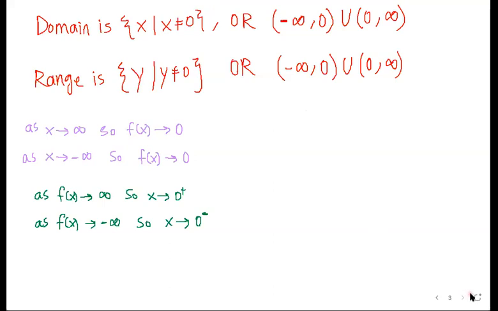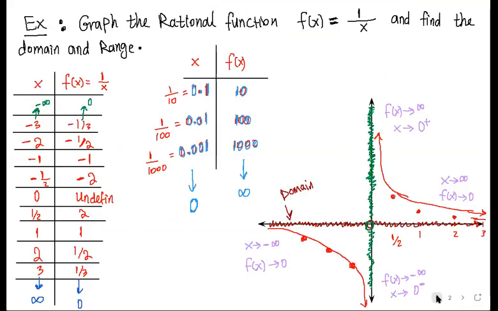Okay, if there is no question, now let's go to the transformation. Now, transformation by using the function 1 over x. Right now, the graph for 1 over x is going to be something like this. What is the domain?